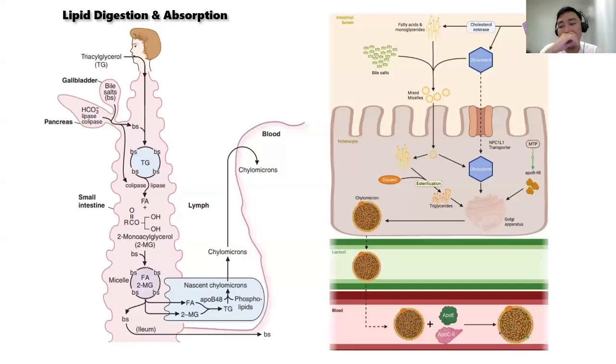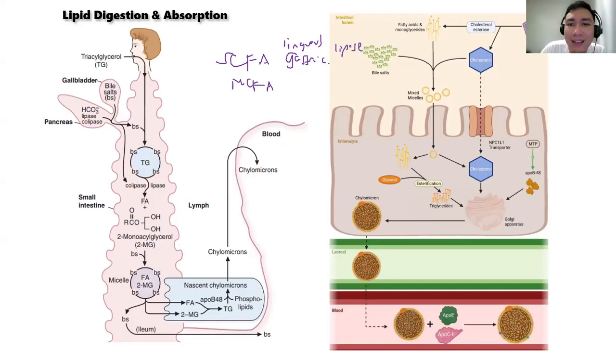So for lipid metabolism, so we have two major pathways. Yung first, yung mas madali, which is the short chain fatty acid, di ba? And yung medium chain fatty acid, they only use yung ating lingual and gastric lipase.